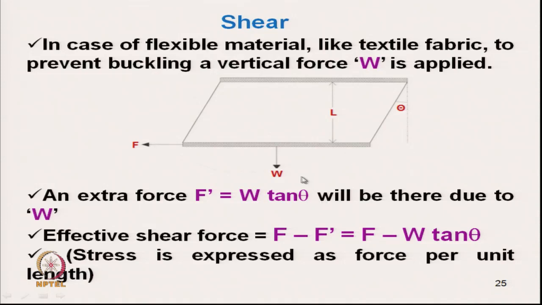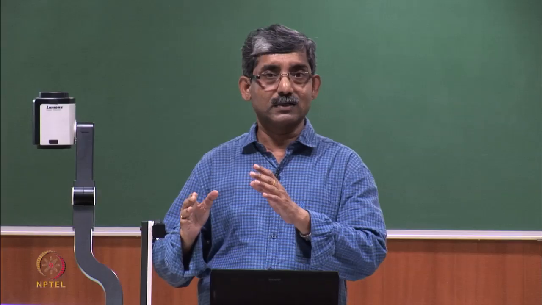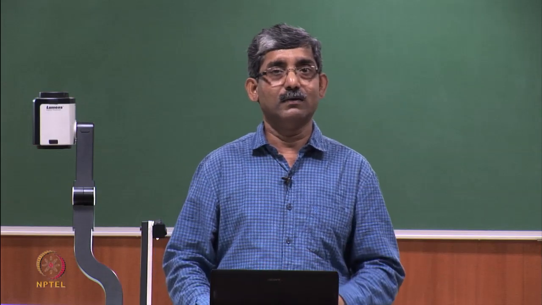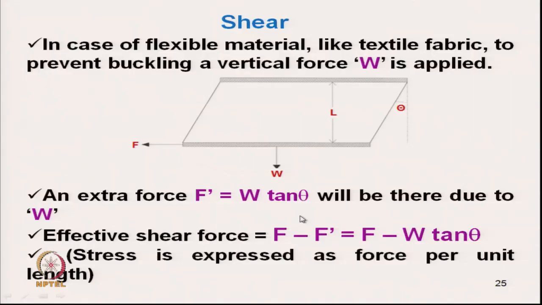Then the force required only to shear the fabric is F minus W tan theta, subtracting this from the total force F. This stress is expressed in terms of force per unit length of the fabric.